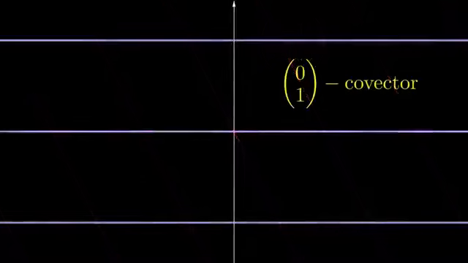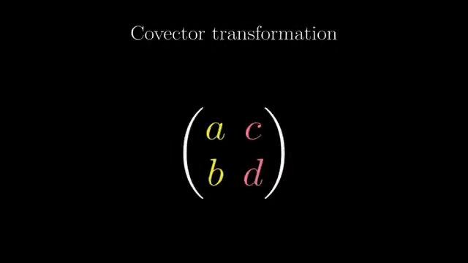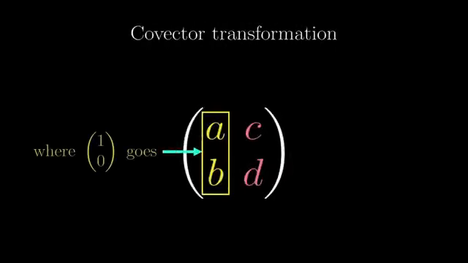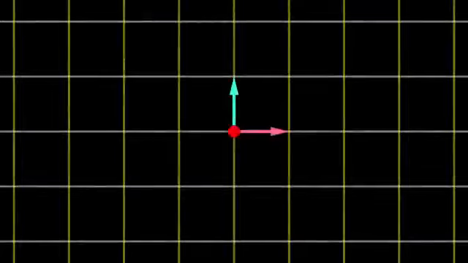Similarly, we observe the transformation of the 0, 1 covector. So for a covector transformation, we can similarly write down a matrix representation. The first column tells you where the 1, 0 covector goes, and the second column tells you where the 0, 1 covector goes. In what follows, we will use the right shear as an example.